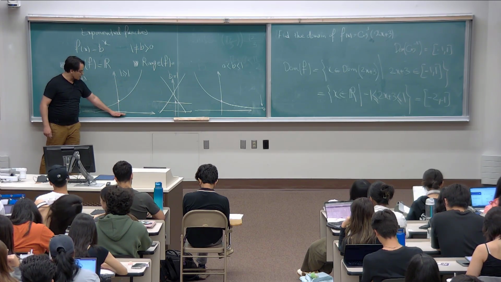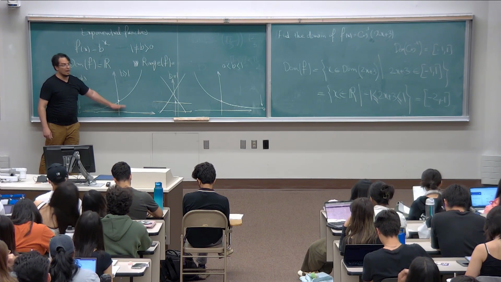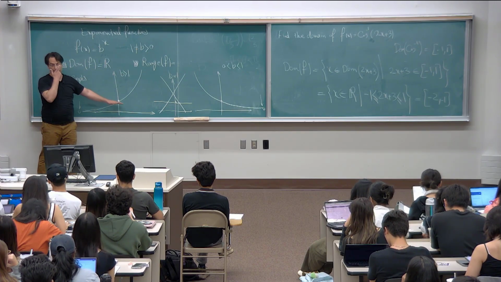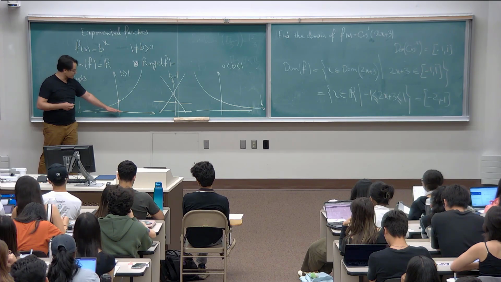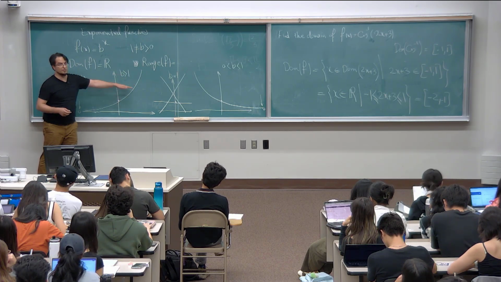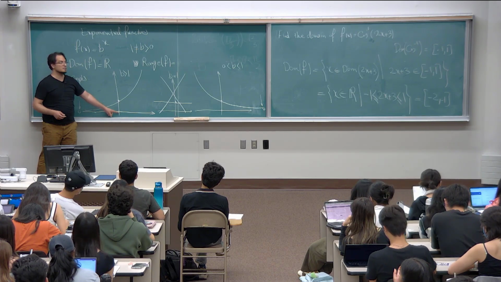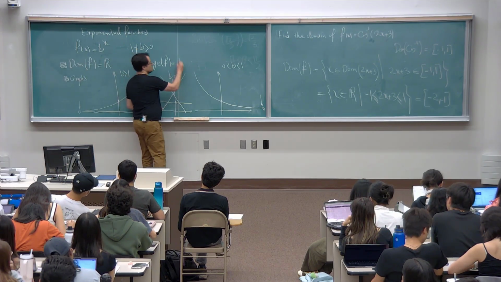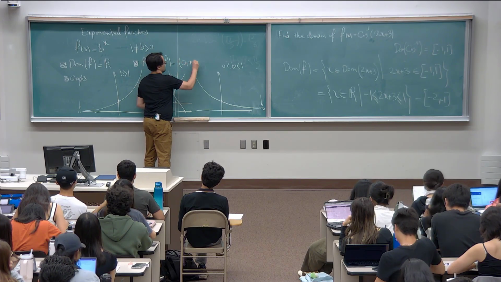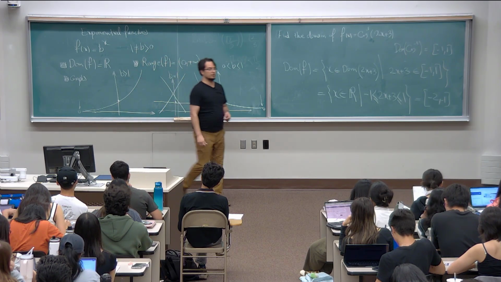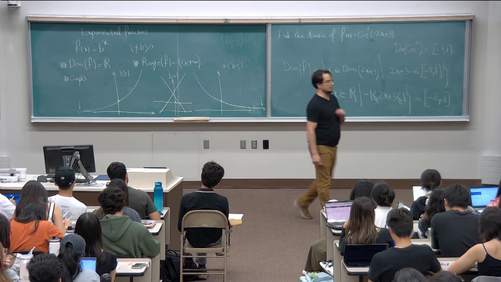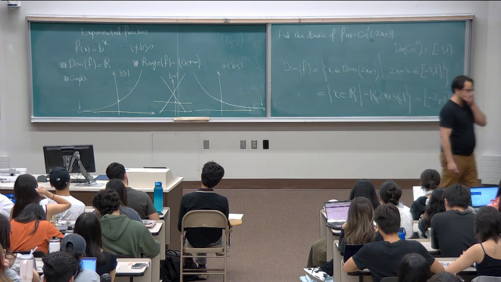And you can see that everything above the x-axis is received by some of these points, and nothing below, neither 0. So that means that the range of these exponential functions is going to be that.